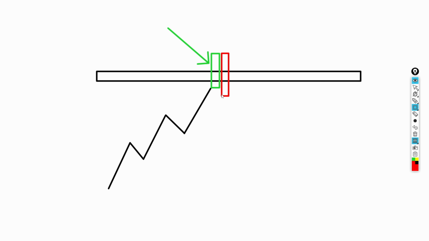And once you have this pattern, you will take your entry here for the next 1 minute expiry or 5 minute expiry, whatever you wanted to do. So all in all, if you got a strong reversal pattern, you will take a 1 minute expiry or a 5 minute expiry.